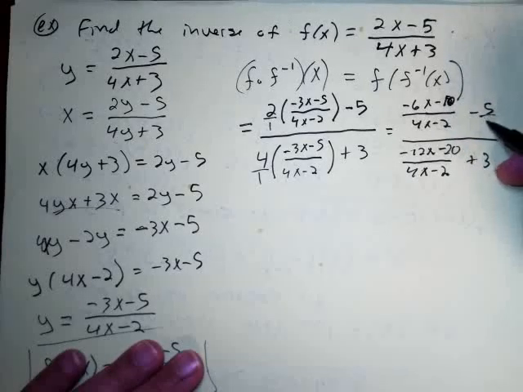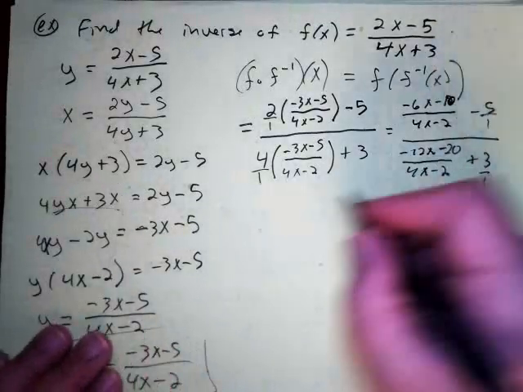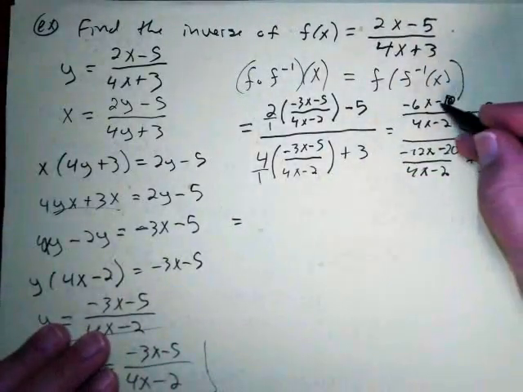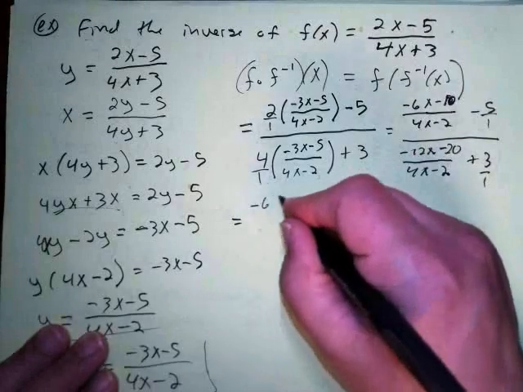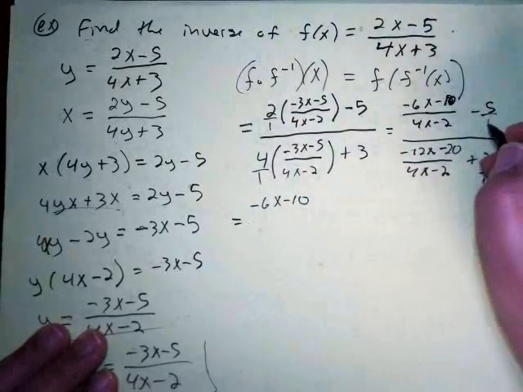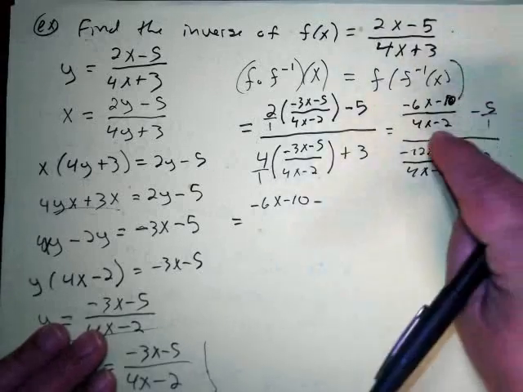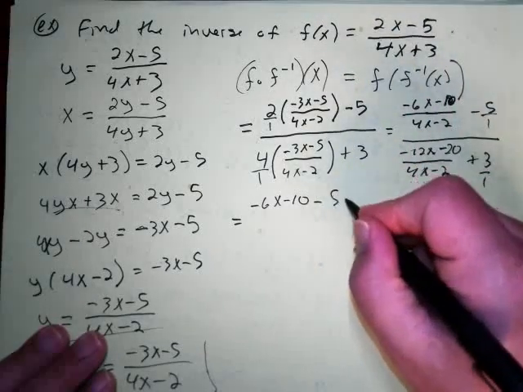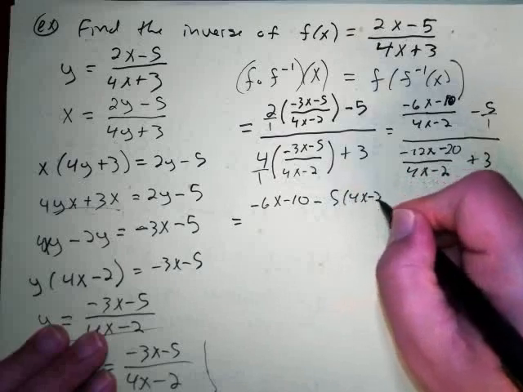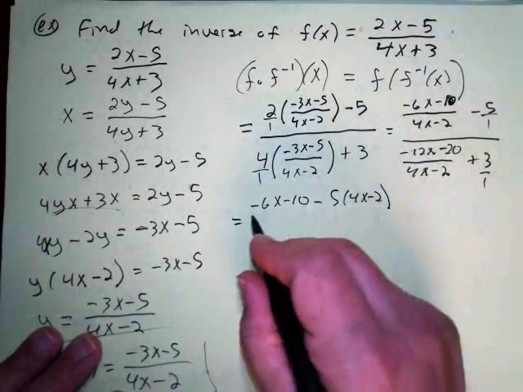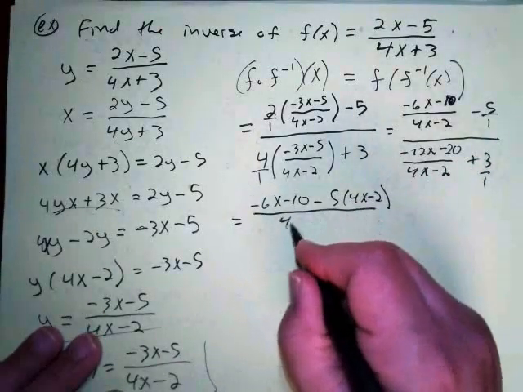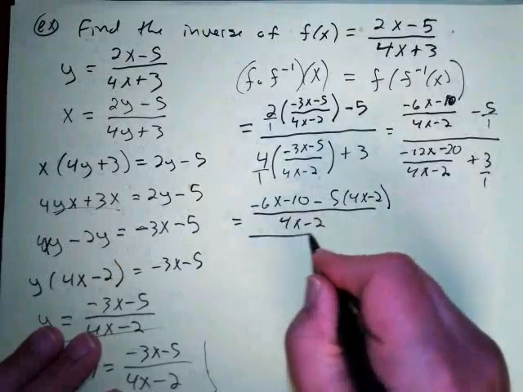Now put these over 1, and I'm going to combine over a common denominator. So this will be this times this, negative 6x minus 10, and that's a minus, so it'll be minus this times that, which is 5 times 4x minus 2, all over 4x minus 2.